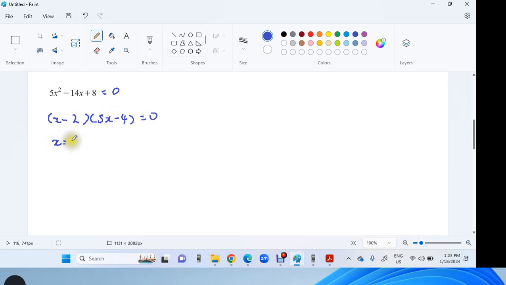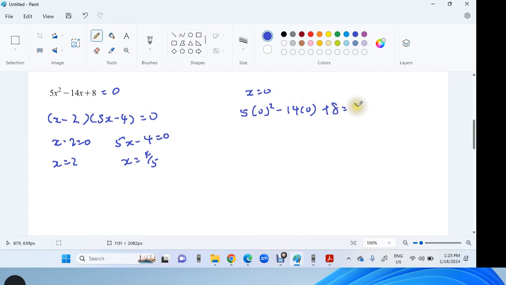So x − 2 = 0 gives x = 2, and 5x − 4 = 0 gives x = 4/5. When x = 0, it will be 5(0)² − 14(0) + 8, that is 8. So we have the point (0, 8). Okay, so this is (0.8, 0) and (2, 0).